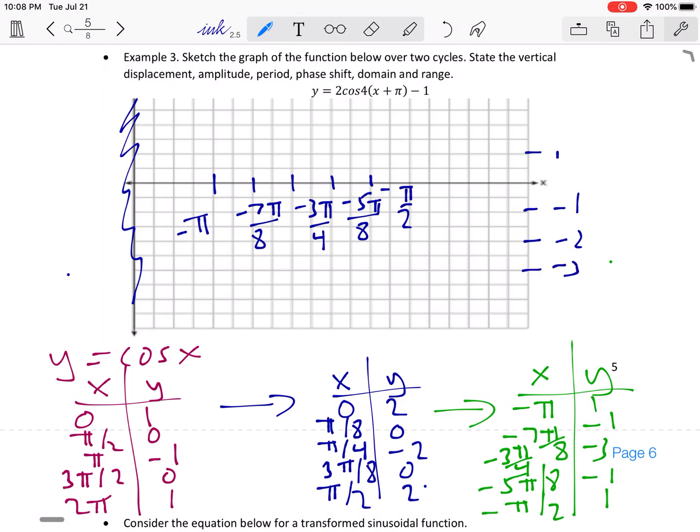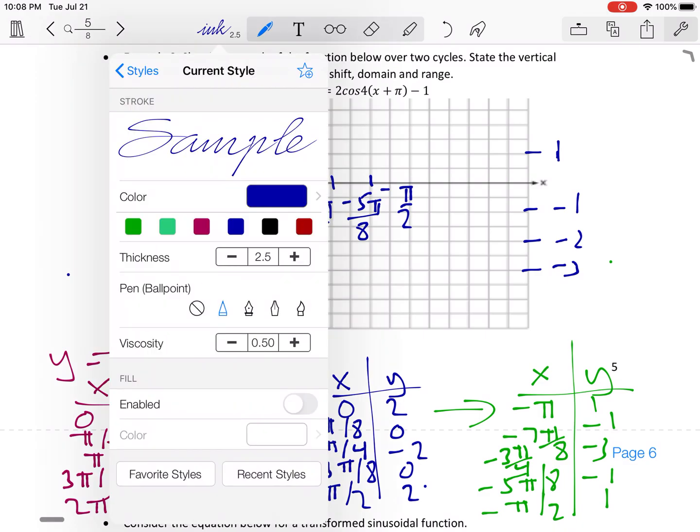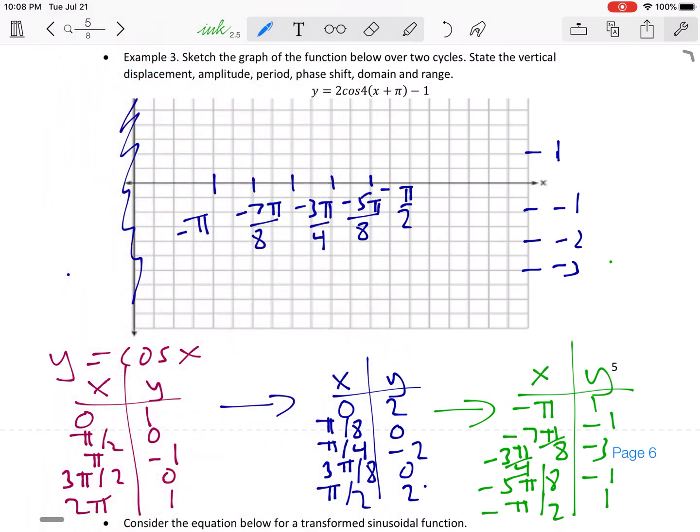Now when you do your grid, the grid should always be labeled like how I'm doing here, okay, so that you know what the width and vertically what it represents. Okay, so negative pi is 1. Okay, negative 7 pi over 8 is minus 1. Okay, and then negative 3/4 pi is going to be negative 3.